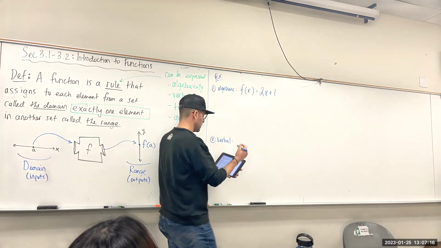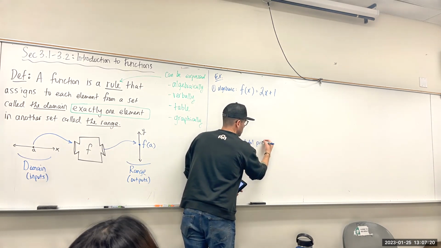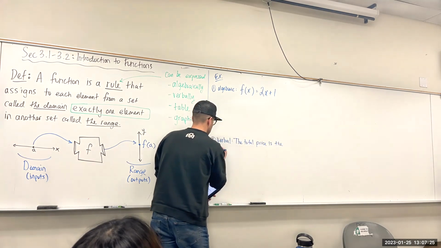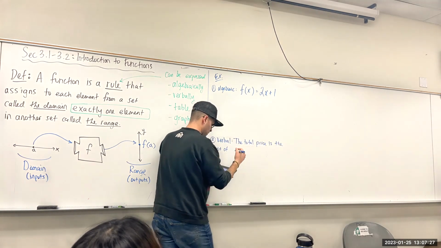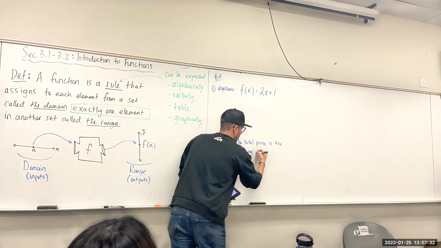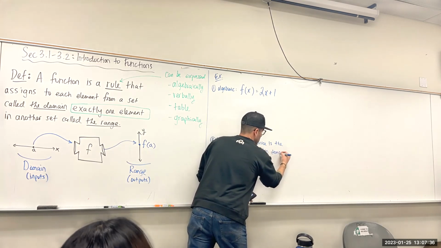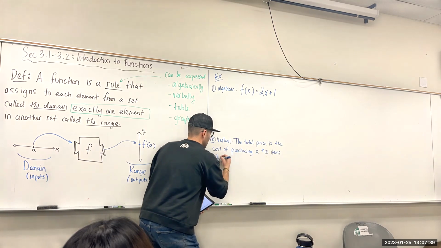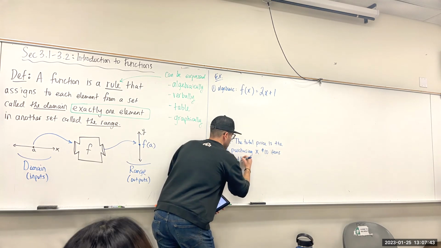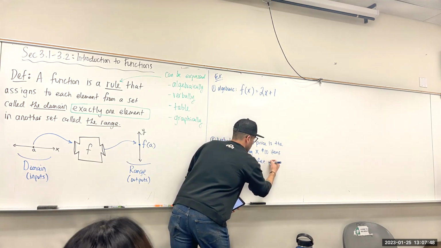So let's say you're reading something and it says, the total price is the cost of purchasing x $10 items plus an additional fee of $5.